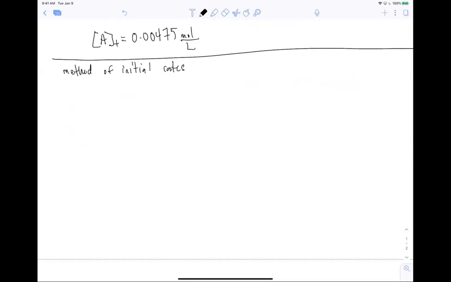let's say you're looking at that versus an integrated rate law problem. The main way to tell which type of problem you're looking at is, for method of initial rates, typically you're given concentrations like A and B, and then in another column, you're given the rates.